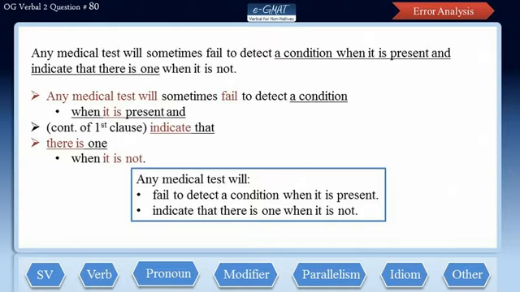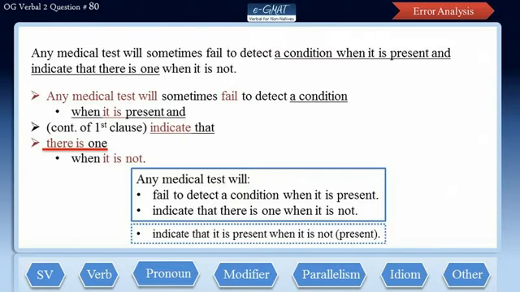Since when it is not is in the non-underlined portion of the sentence, we should change the first part of the sentence, there is one. By doing this, present will be understood in the second part, and hence the second entity in the list will read, indicate that it is present when it is not.